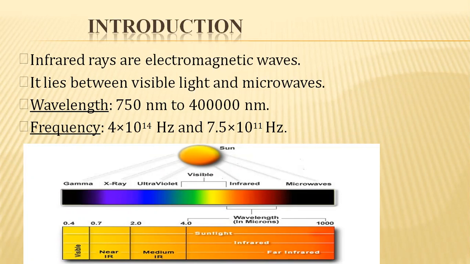See, coming to the wavelength of its propagation, it will vary. The ray's frequency will vary between 4 into 10 to the power of 14 hertz and a maximum of 7.5 into 10 to the power of 11 hertz. Coming to its wavelength of propagation, it will vary between 750 nanometers to 4 lakh nanometers.